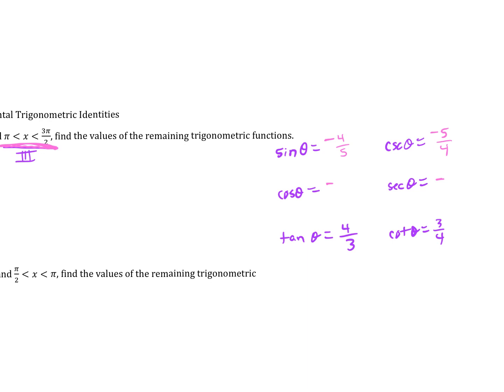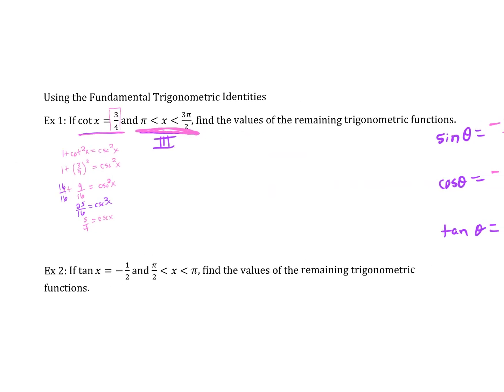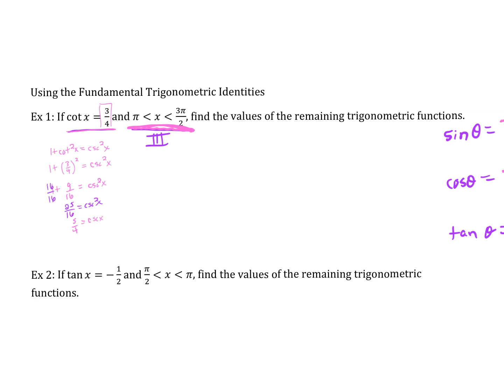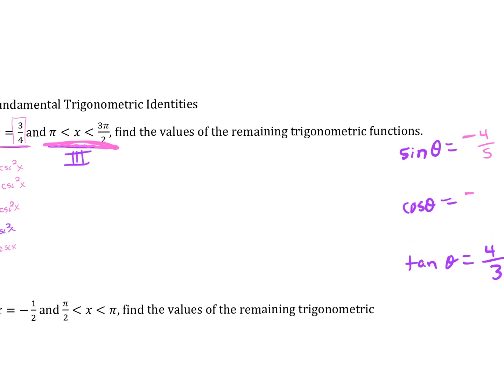So we could use quotient identities at this point because there's a relationship with tangent being sine over cosine. You could use quotient identities, and I would be okay with that as long as you're showing me Pythagorean identity at least once. But I want to give you some practice using these Pythagorean identities.